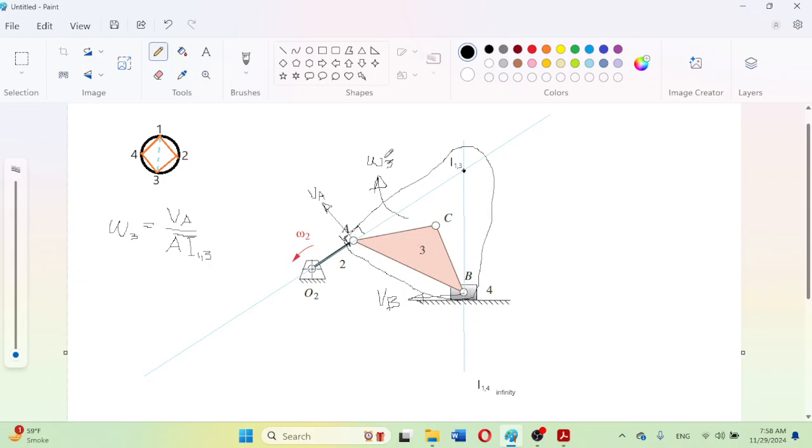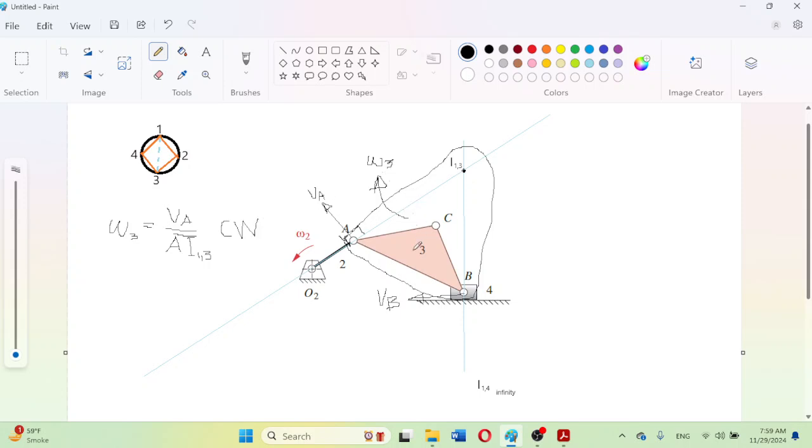As the angular velocity or rotation has been confirmed at this stage using the velocity VA, this velocity VB cannot violate this orientation or direction of rotation, which is clockwise, as calculated here and shown here.